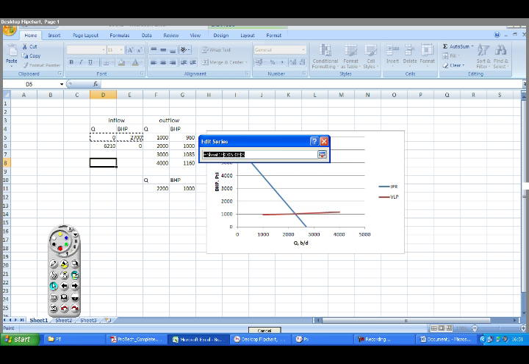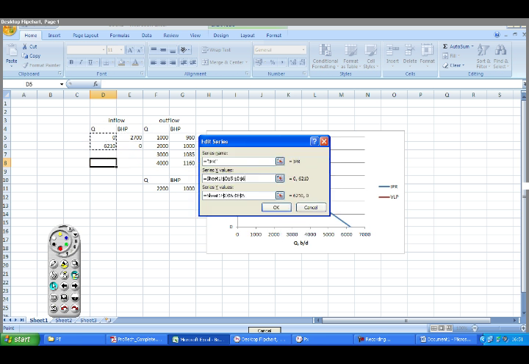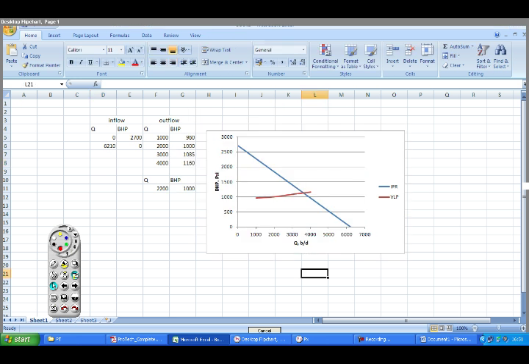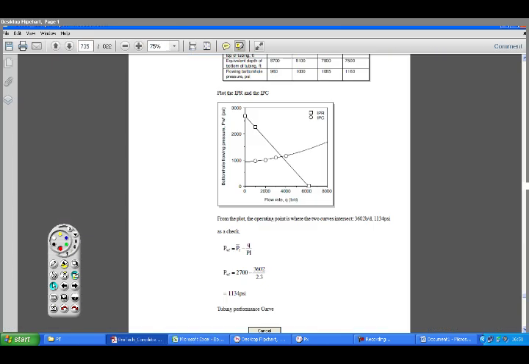My X is actually my rates, and my Y is pressure. Right, that should be, yes, this looks more like it. So my rate is about 3600 barrels of oil per day, and my pressure is about 1100 psi. And if you compare it against the solution given in the book, you will see that we are quite close to the accurate solution. So this is how you solve this kind of problems.